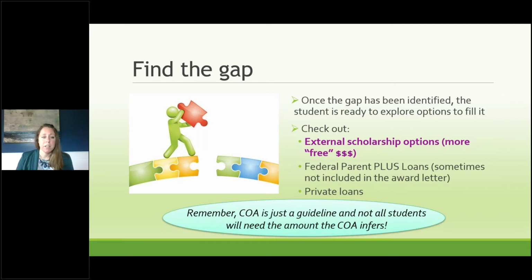We've found that net price, we've looked at the sticker price, and we've subtracted from it the amount of aid that the student's being offered. So how do we fill it? Perhaps external scholarships, more free money. The more free scholarships you help the student find, the better off they're going to be, because it keeps that debt down.